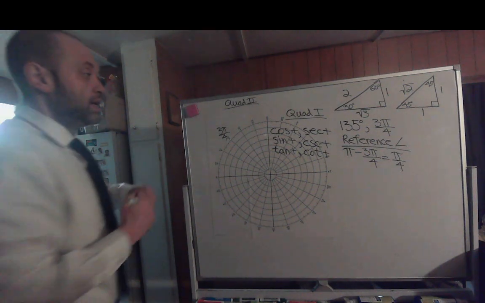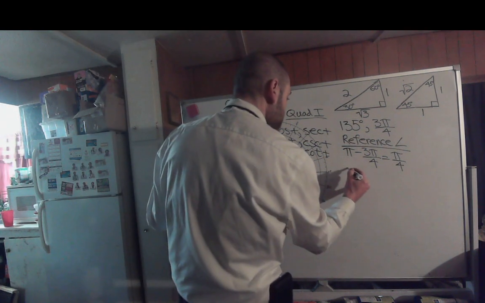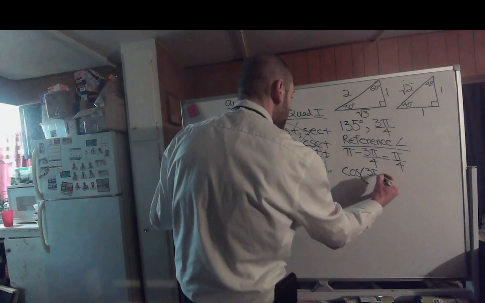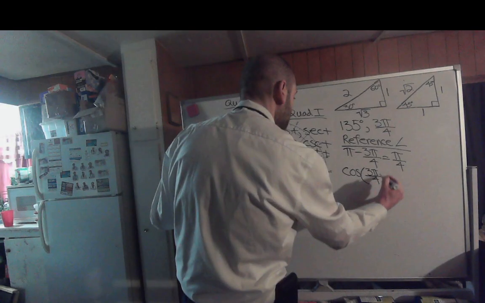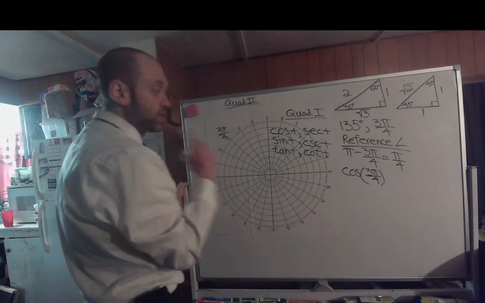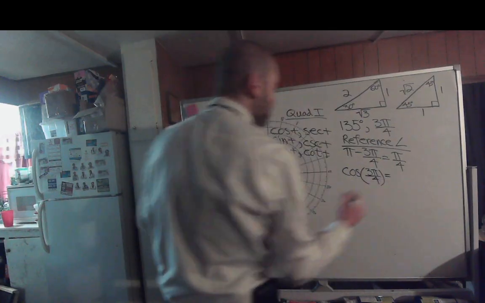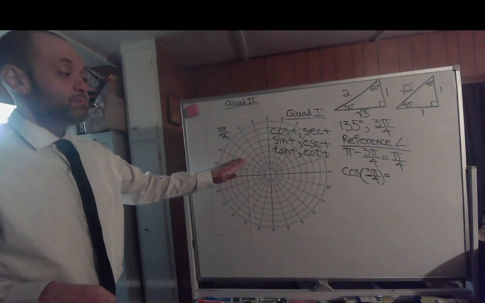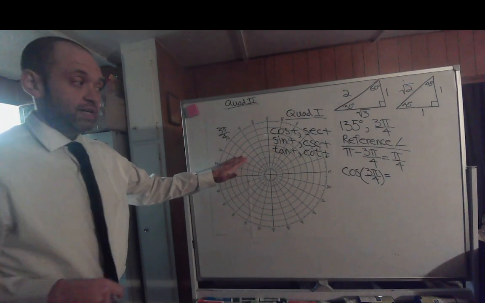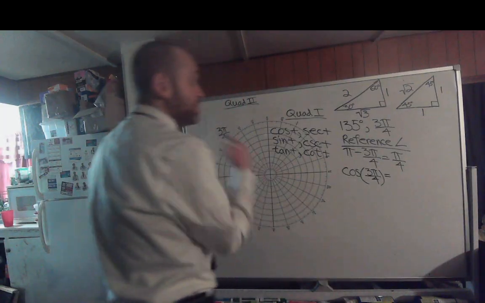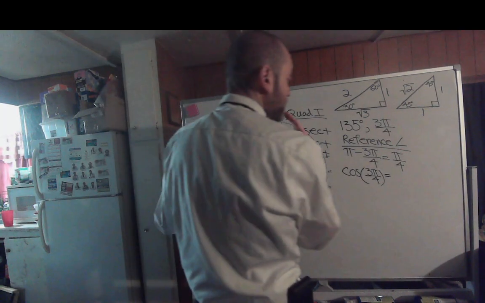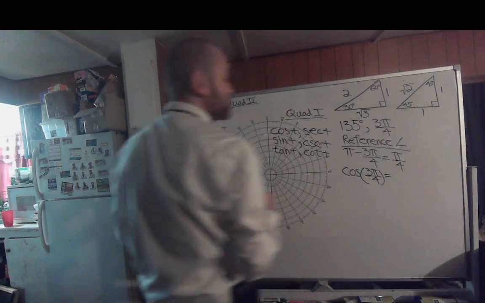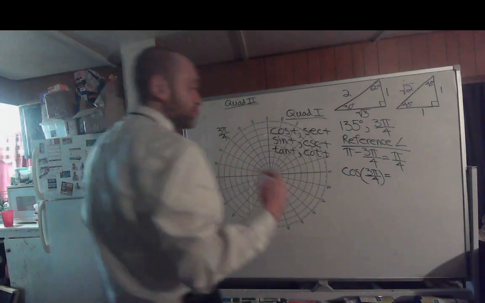Now, let's look for the cosine of 3 pi over 4. Alright, so the cosine of 3 pi over 4, you're in the second quadrant, that means your x-coordinate is negative. So that means your cosine is going to be negative. So at 3 pi over 4, you'll have 1 divided by the square root of 2, which is square root of 2 over 2.